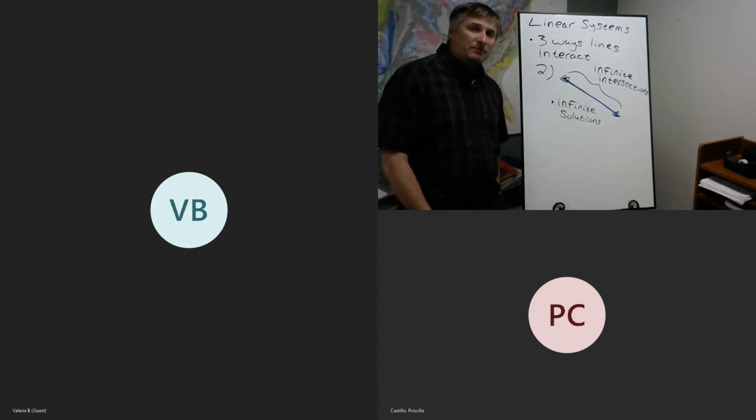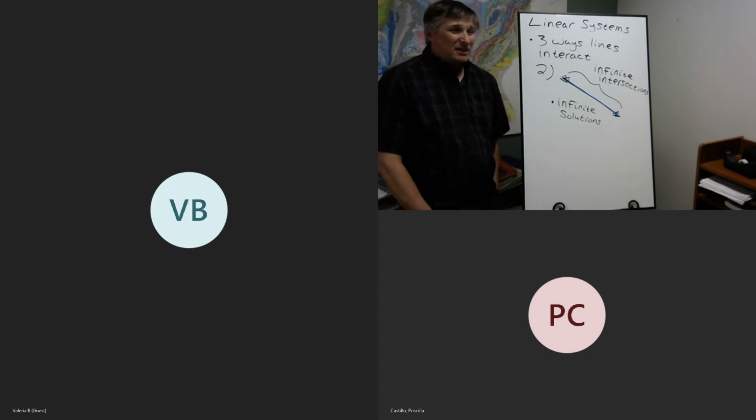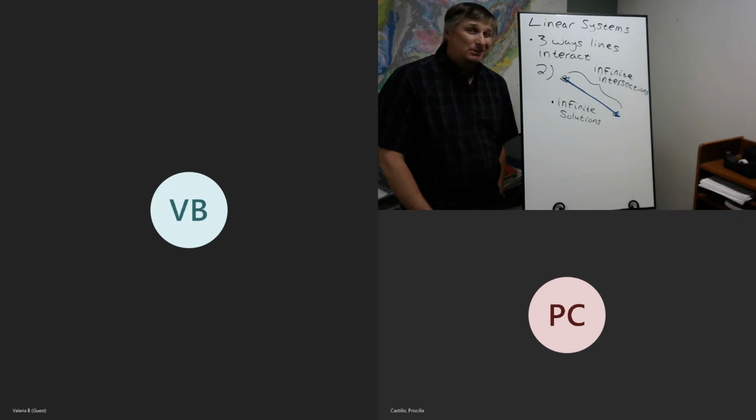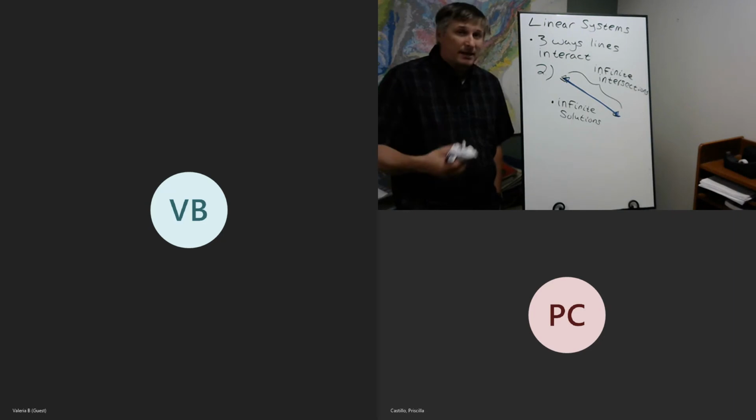So when one line's on top of another, it basically is saying that 2 equations both represent the same line. They might just look a little different. And we'll do some examples of these.